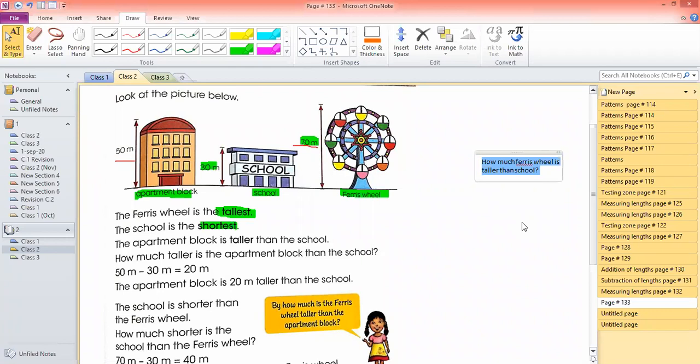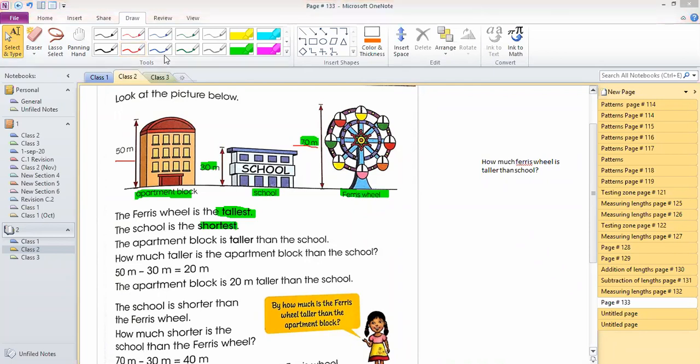The Ferris wheel is taller than the school with 40 meters. Okay, 40 meters.